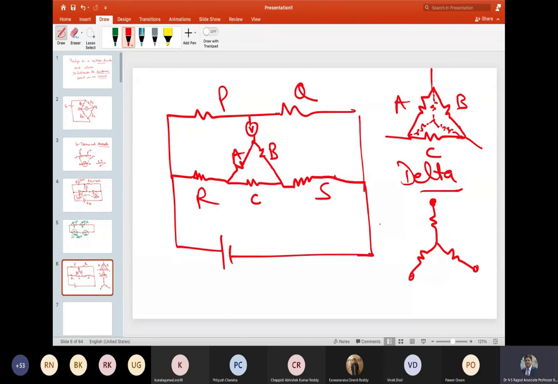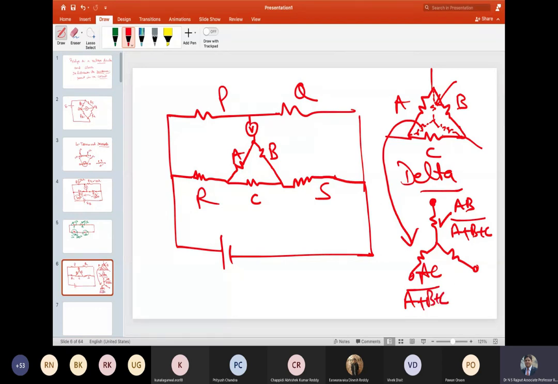So this value is this equivalent, right? This is calculated as AB by A plus B plus C. This one, this equivalent resistance is AC by A plus B plus C. And this resistance is measured as BC by A plus B plus C. This is the delta connection.